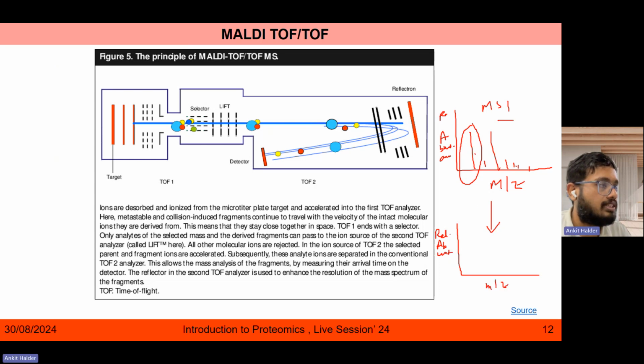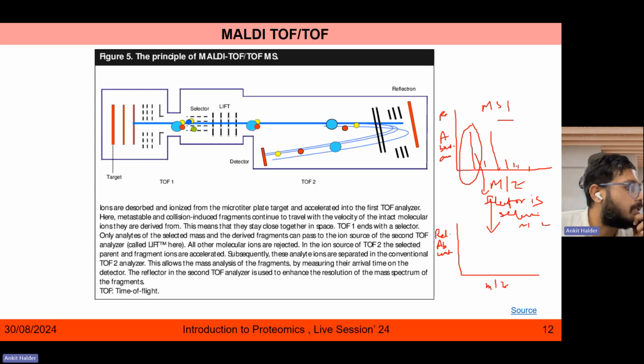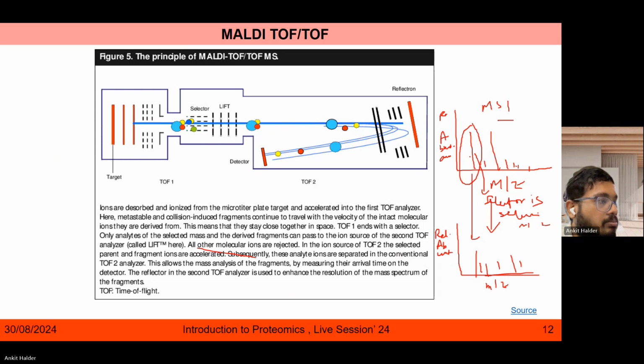Now if we select, your selector is selecting this particular m/z, and then it gets fragmented, and finally you get the spectra for this particular selected ion.